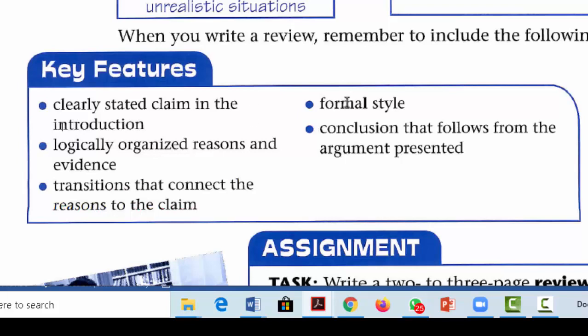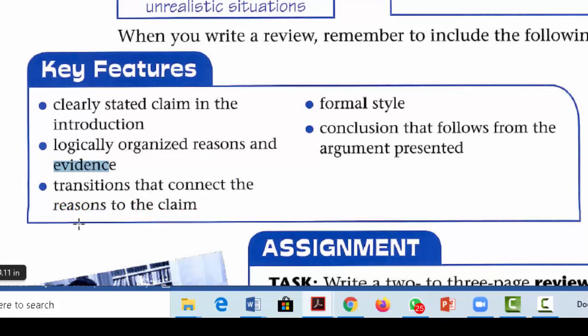Next one, you should have a formal style. Don't use slang. Avoid using abbreviations. Next one, logically organized reasons. The reasons must be in a logical order, and also the evidence must be in order. Next one, a conclusion that follows from the argument presented. The conclusion must be connected to the body.